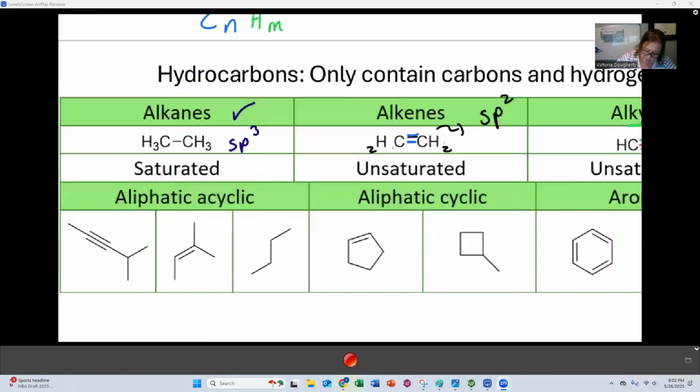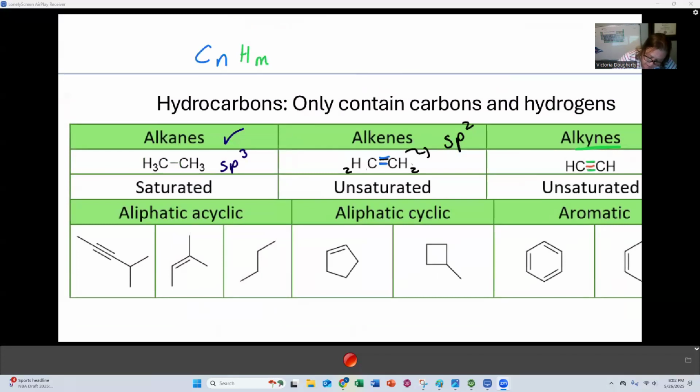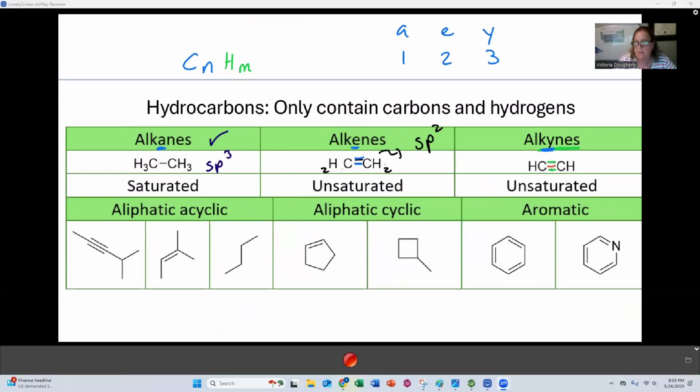This is actually kind of interesting if you look at how this is set up. You have alkanes, A, alkenes, E, and alkynes starts with a Y. So A, E, Y is arranged in alphabetical order. And then you have all single bonds, at least one double bond, and at least one triple bond here.